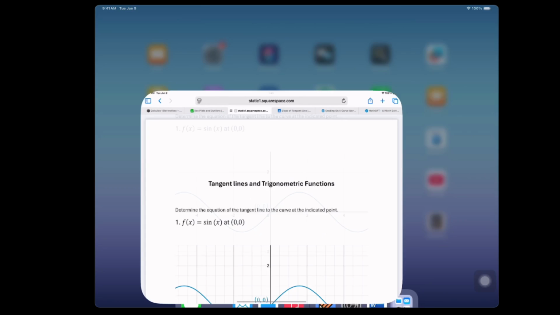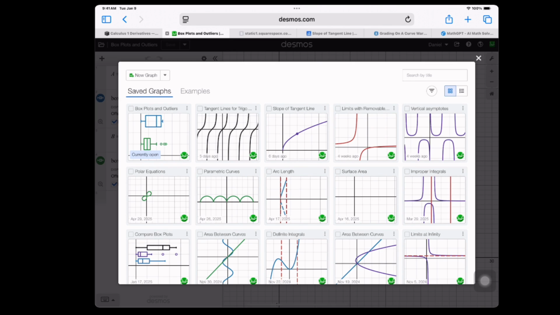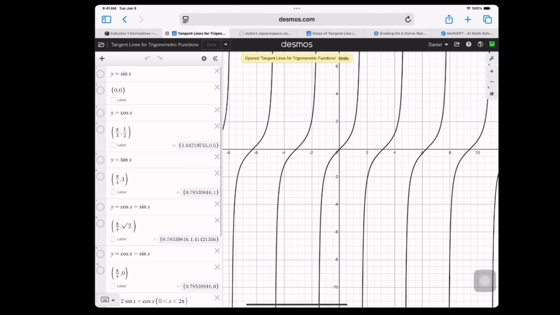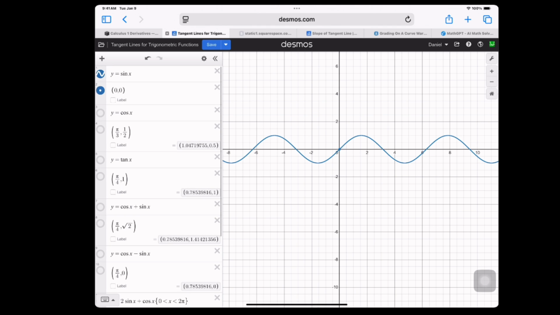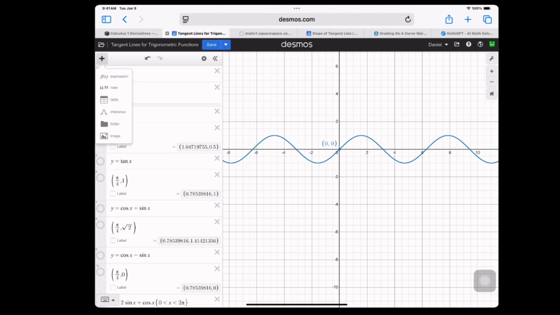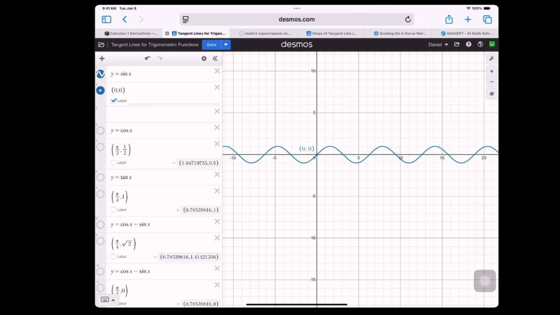Y is x. Now, I'm going to go back to Desmos, and I'm going to change this here. I'm going to put that equation here. If it lets me. Come on. Oh, there we go.